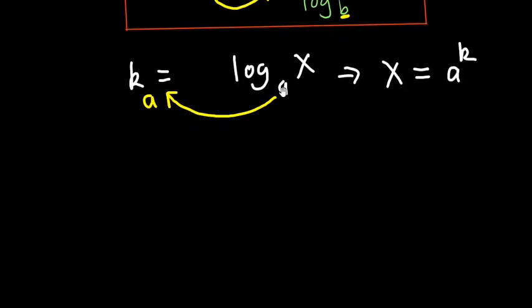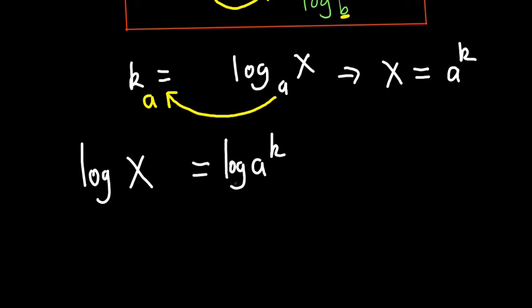So now we can introduce logs with a different base, since this is now in exponential form. It gives us room to introduce, let's say, base b.